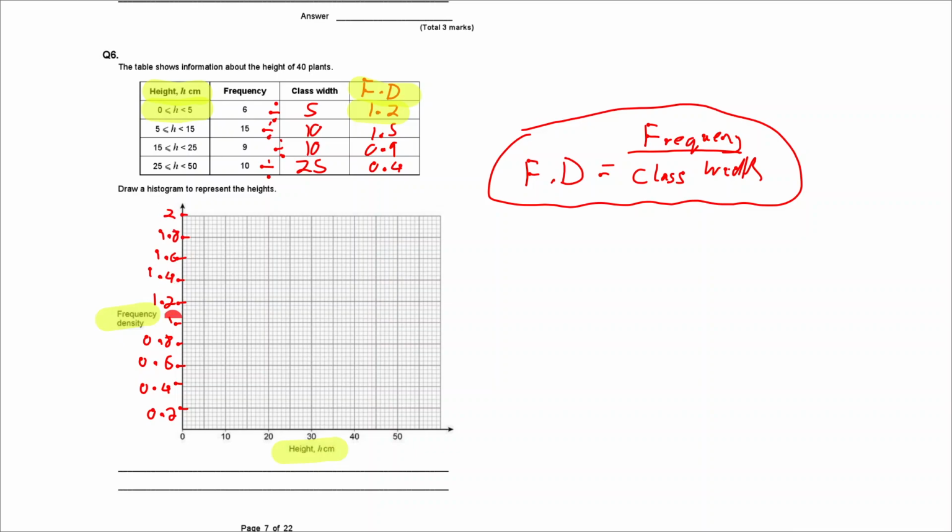Sorry, it's really messy. I'm rushing a bit, but I want to do this quite quickly for you guys. That's a good scale, because I'm going to include the maximum value, which is 1.5, and it uses up a lot of the graph, which is good.